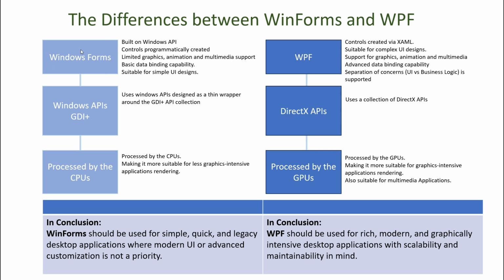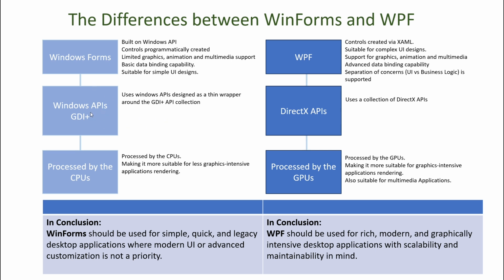in the Windows Forms technology, what happens is that when a control is placed in a form, a relevant Windows API is actually called, and that relevant Windows API will also identify the relevant GDI plus component, which in this case is the graphics device interface component, which are a set of components created by Microsoft.